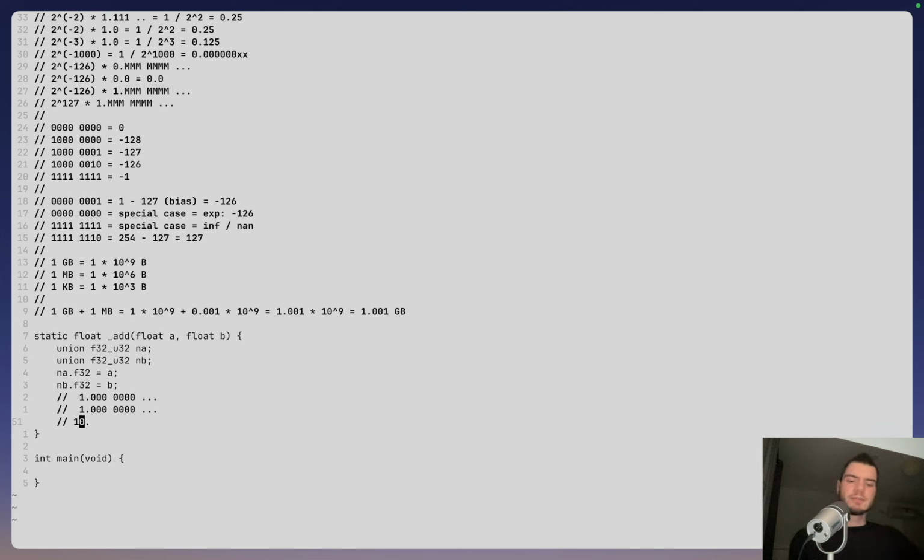So we actually need to account for one more bit that can come into existence with the addition. And this implicit bit is at position 24. And this one is at position 25.